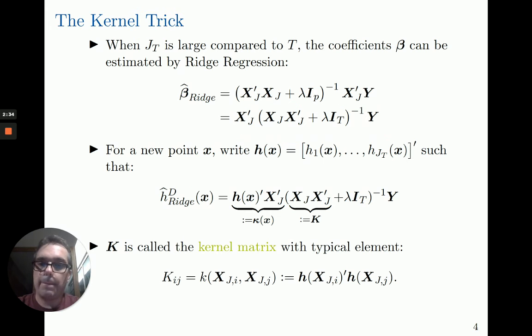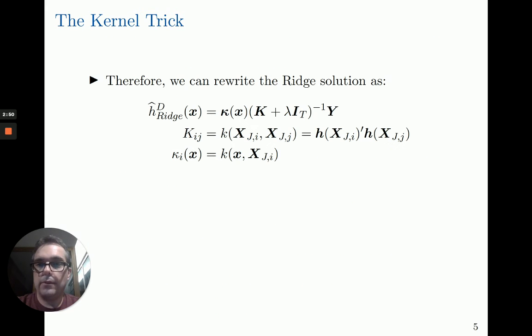The kernel matrix has a typical element given by the function h at point i times the function h at point j. So we can define the ridge fit just in terms of the kernel matrix and the kernel vector, and the kernel vector is also defined in terms of elements of the kernel matrix, but when one of the terms is just this new point x.